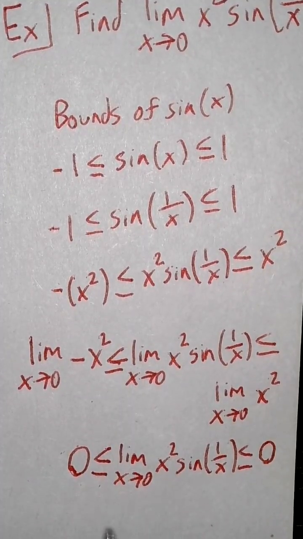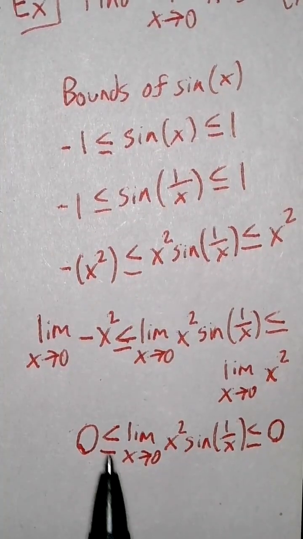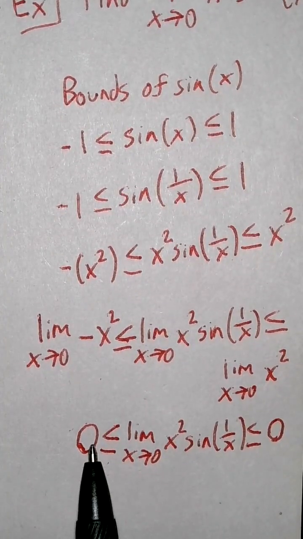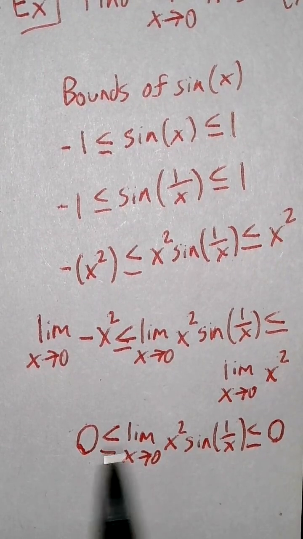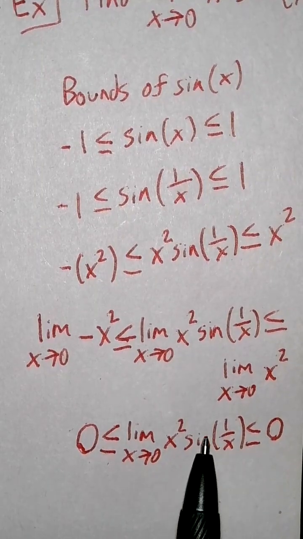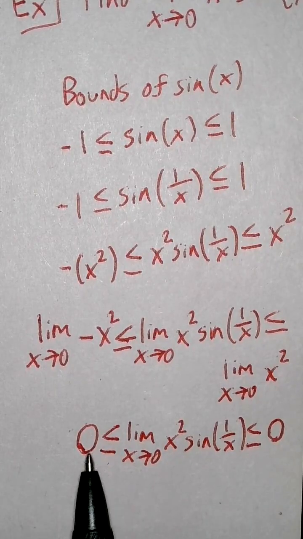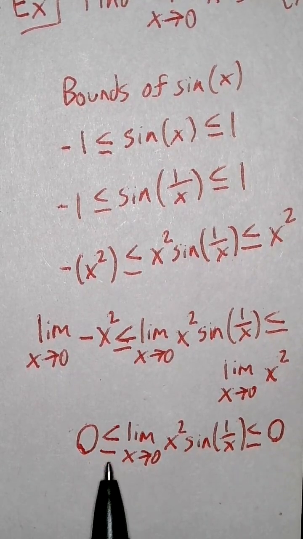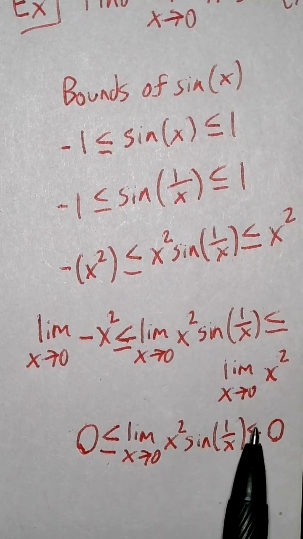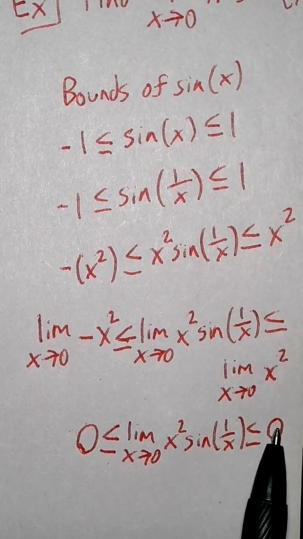Last time I checked, there aren't any negative numbers that are greater than 0, nor are there any positive numbers less than 0. So I have 0 is less than or equal to this, which is less than or equal to 0.